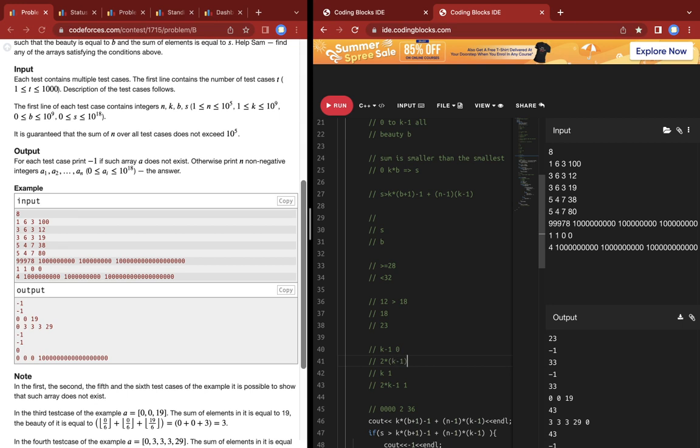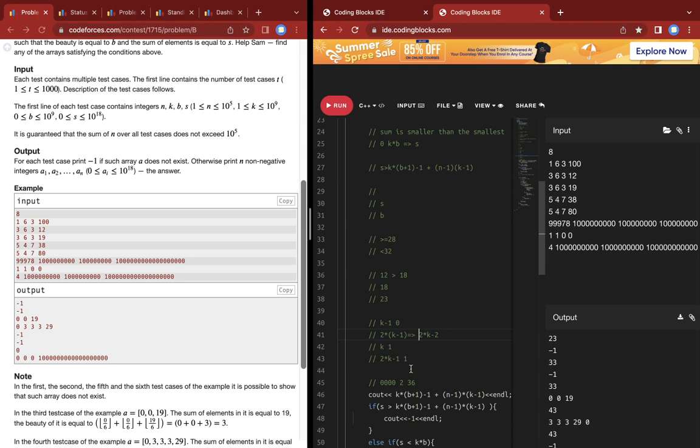k -1, so this would come out to be 2 into k -2 right, so that means we are doing all wrong. We should not be including k -1, instead we should be doing it in two elements altogether. Do you feel me?